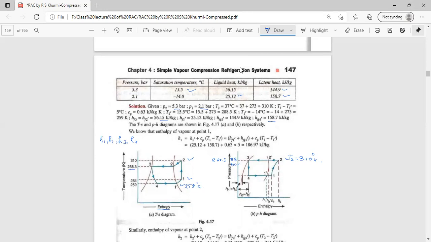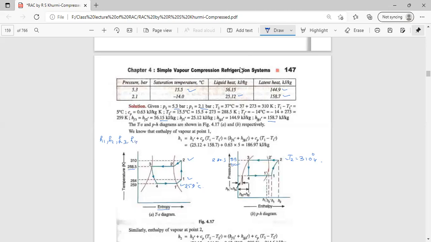The enthalpy of the vapor at point 1 dash is equal to H1 dash. H1 is the enthalpy at point 1, which is the enthalpy before compression itself. So H1 is equal to H1 dash plus Cp, the specific heat per unit weight of the refrigerant, multiplied by the temperature rise itself.